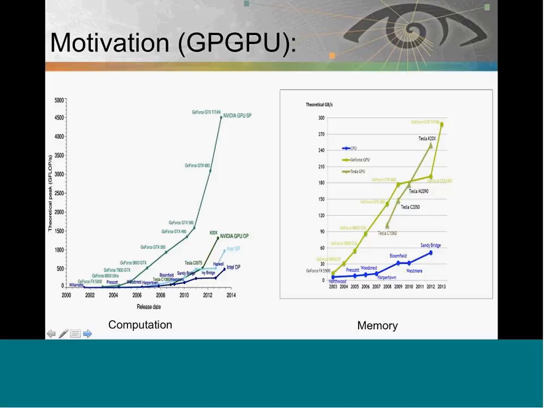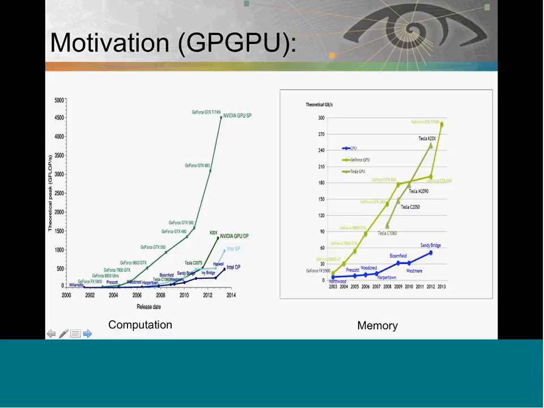Here are the graphs. On the left-hand side are the different processors and their theoretical peak values. On the right-hand side are the different processors and their theoretical memory bandwidth in gigabytes per second. On the left-hand side, as you see, the latest one is the NVIDIA GTX Titan.